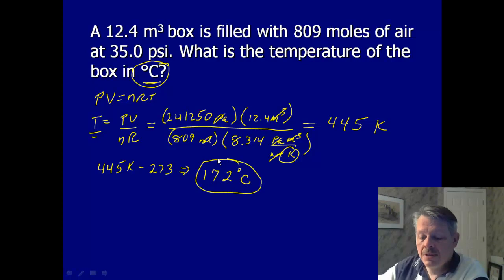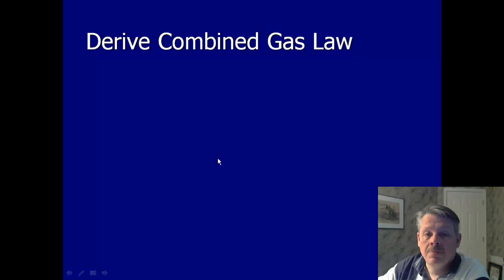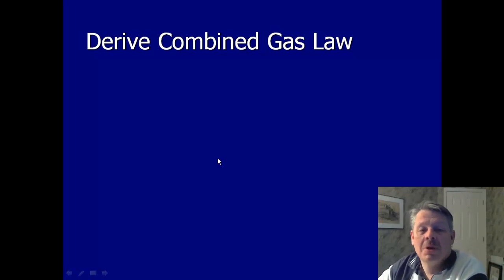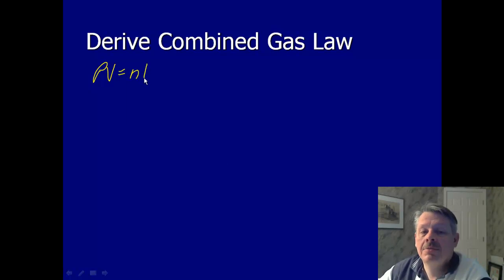So that's my answer. All right, folks, I want to derive the combined gas law for you because I think this is really, really cool. You have PV equals nRT. What's R? R is a constant.